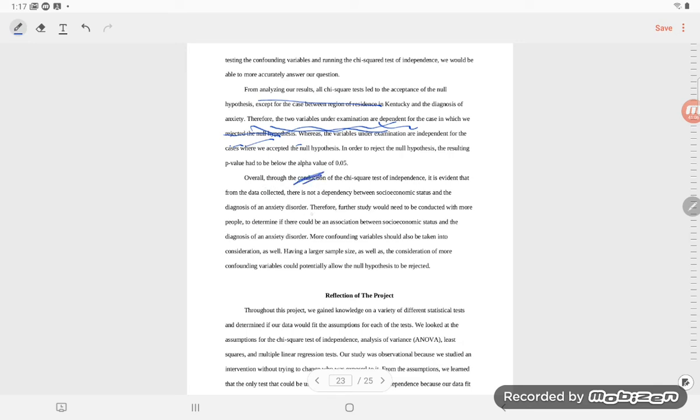Again, that word conduction there is just not a great word. Chi-square, test of independence, data collected. There's not a dependency. Okay. Now, that was definitely what they found way back at the beginning. That very first p-value was 0.16, and that was true.